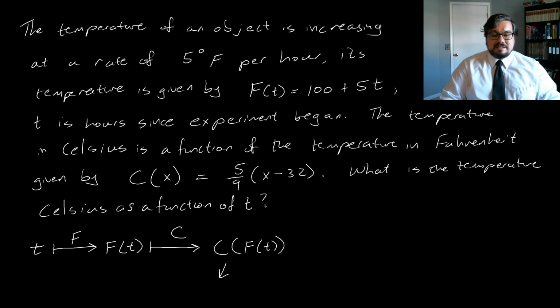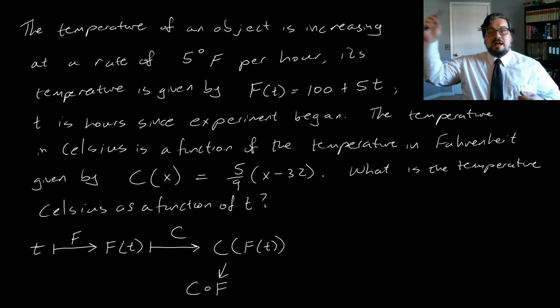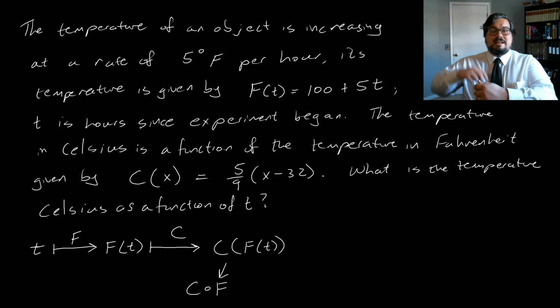But notice that this is exactly the function C composed with f. Whenever you're going through a process where you apply one function or one process and then another process in sequence, you're really doing a composition of functions, and we can combine things together that way.